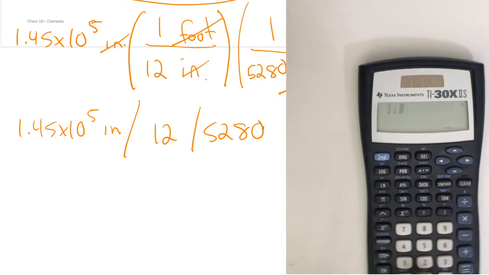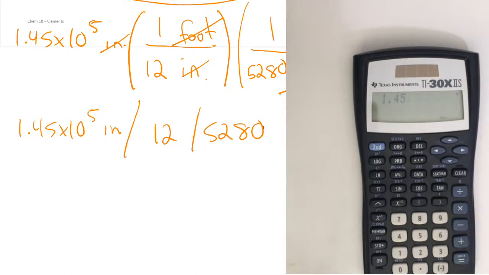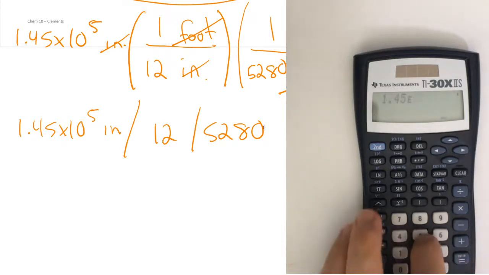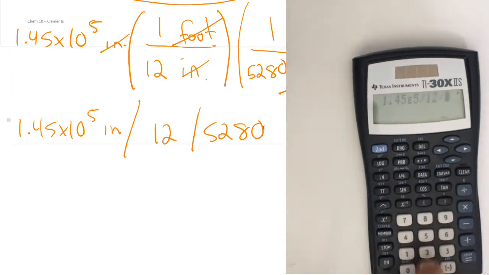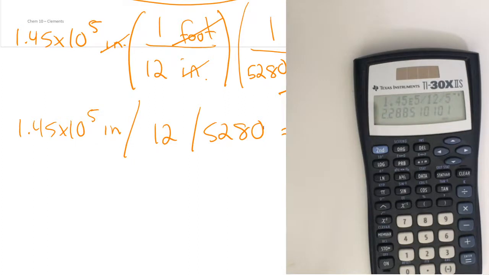Do you remember how to enter scientific notation into your calculator? We're going to use the EE function. So I press second, then I press the EE, then I press the 5. And then I'm going to divide by the 12, and divide by the 5,280, and press enter on my calculator. And it's going to give me a number like 2.2885.